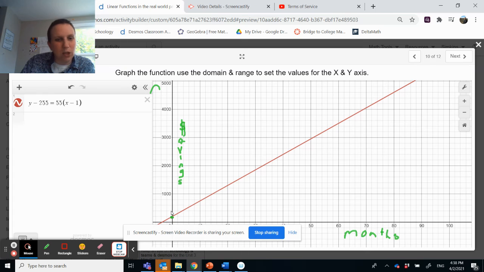I can tell that by looking at the graph, by thinking about this scale here. If this is 1,000 and this is split up into 5 pieces, then each of these must be counting by 200. 200, 400, 600, 800, 1,000.